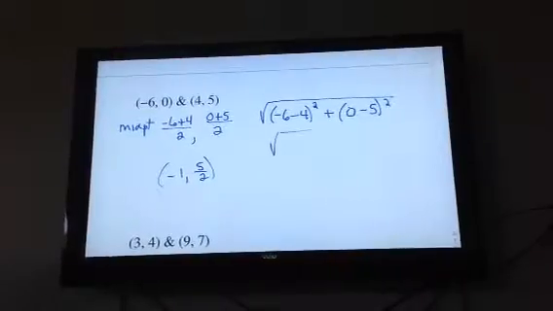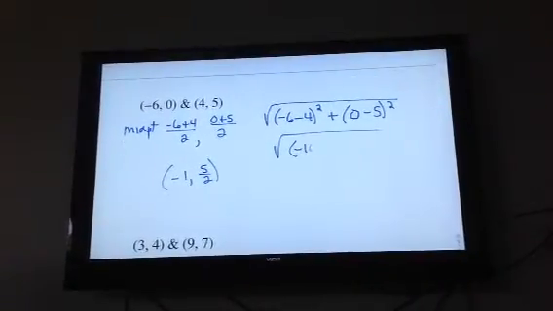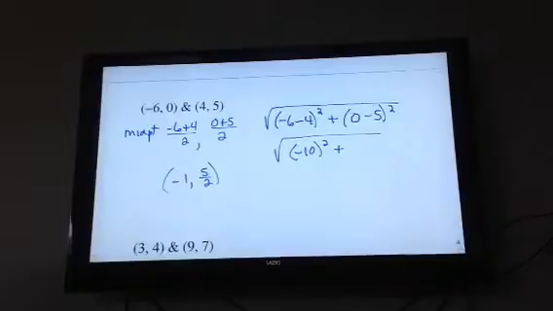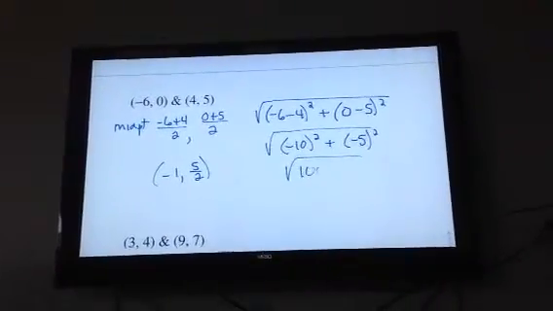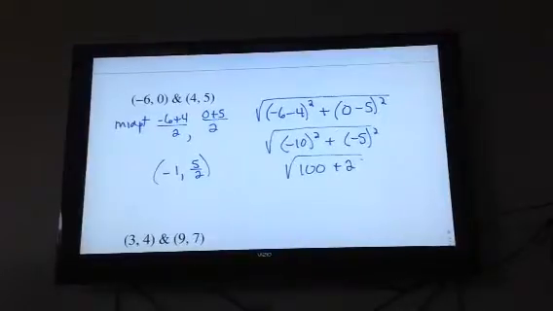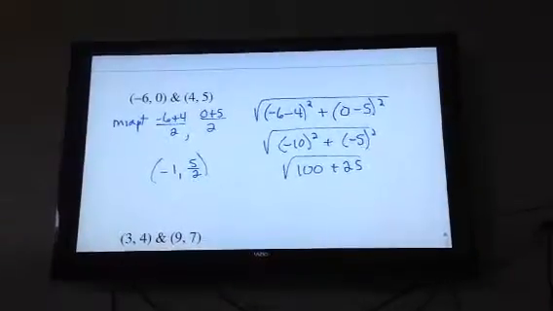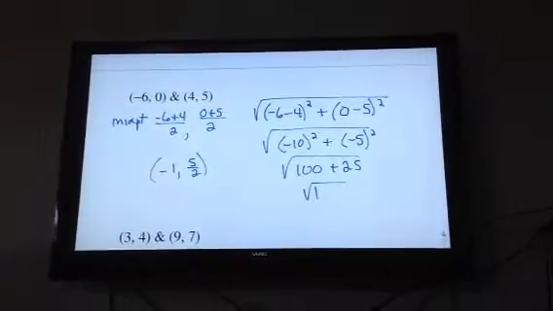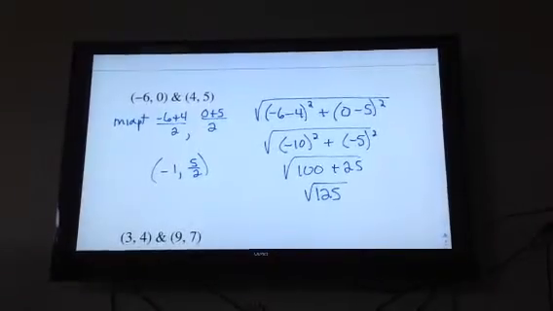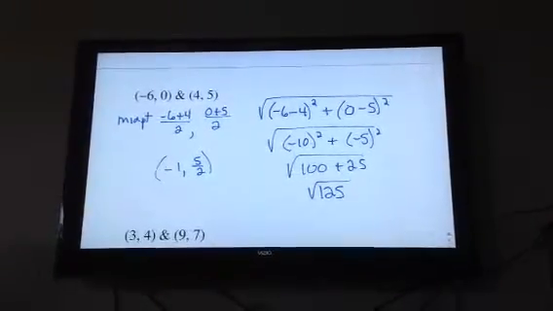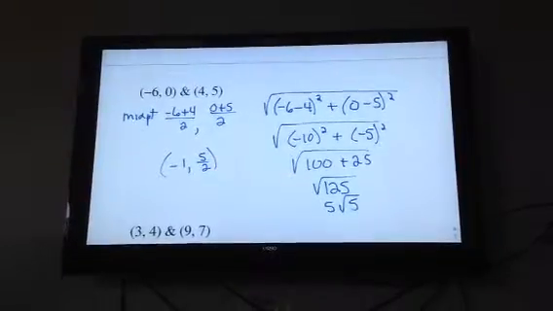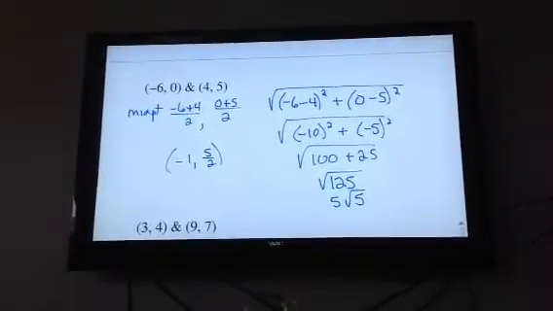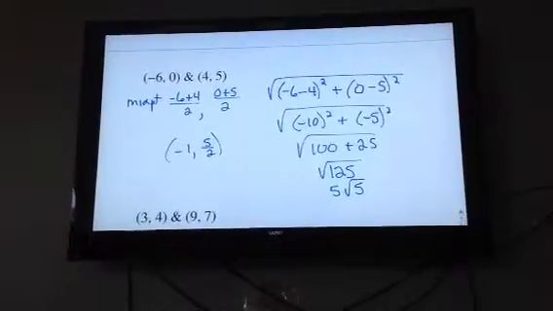Then I get, and I calculate this all by hand, -10 squared plus -5 squared. So 100 plus 25, which is 125, which is 5 times 25 times 5, so 5 square root 5. So my distance is 5 square root 5.